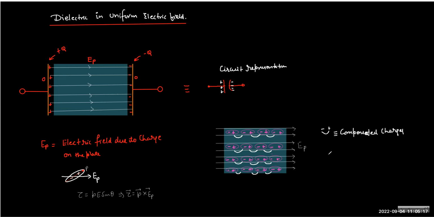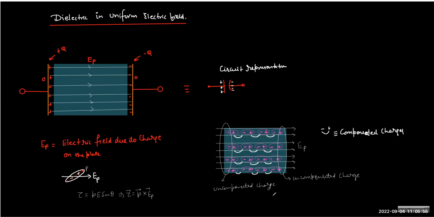And then the boundary charge, which I'll represent like this, and the charge on the left, this we call uncompensated charge.